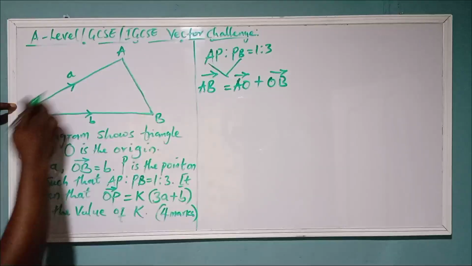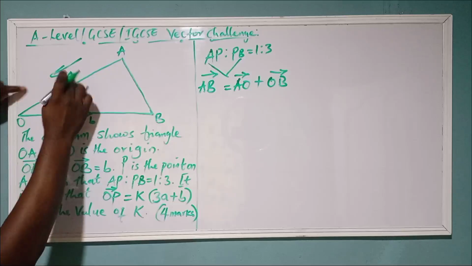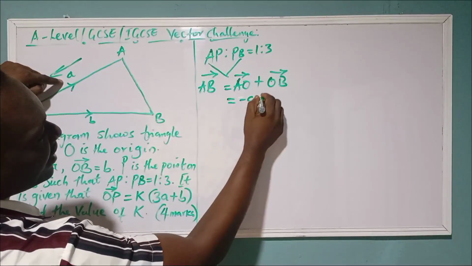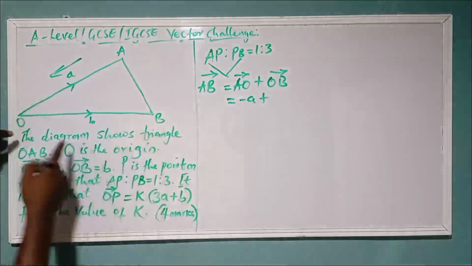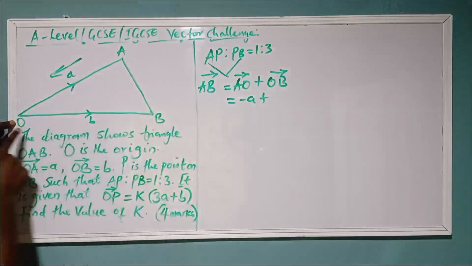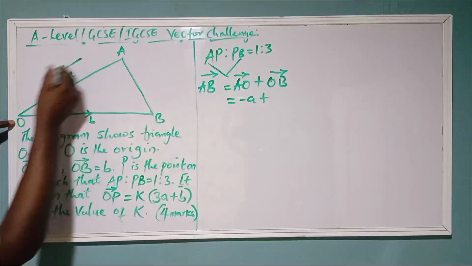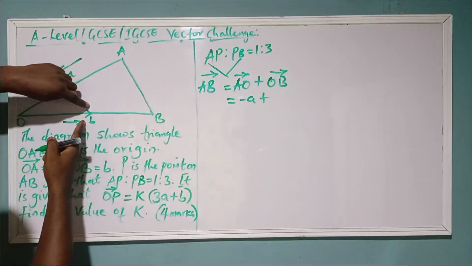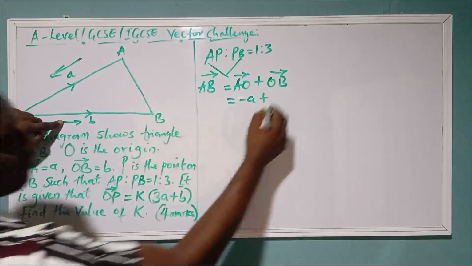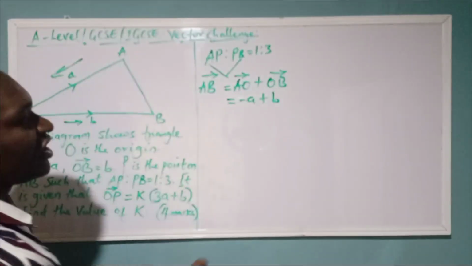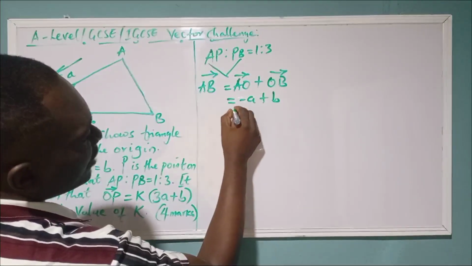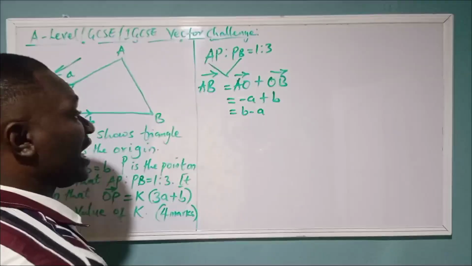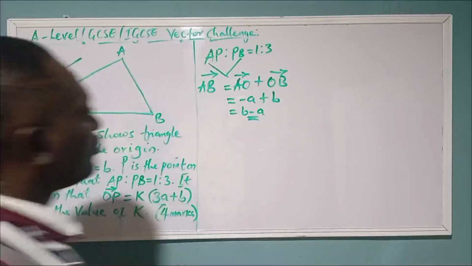So, going backward from the direction of the vector will make this value negative. So, we have minus A. Then I put plus here because this is going in the same direction as the vector. So I will have plus B. If I want to rearrange this, I can have it as B minus A if I wish, but all are correct.